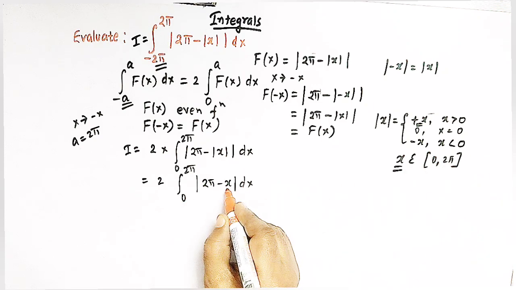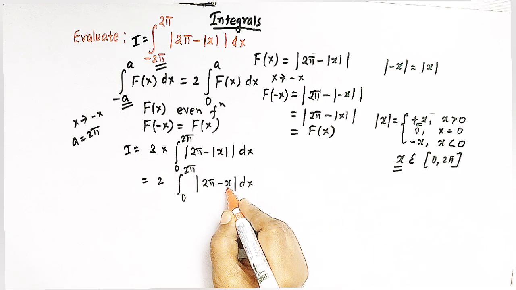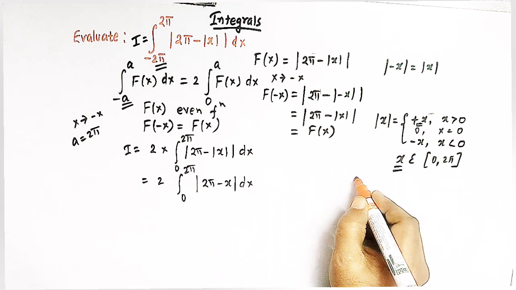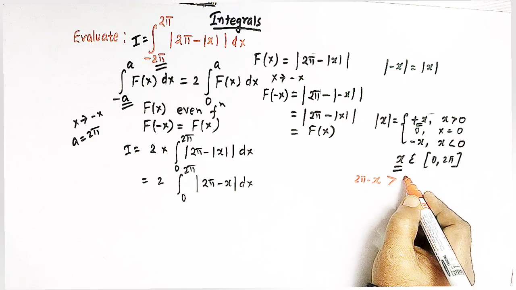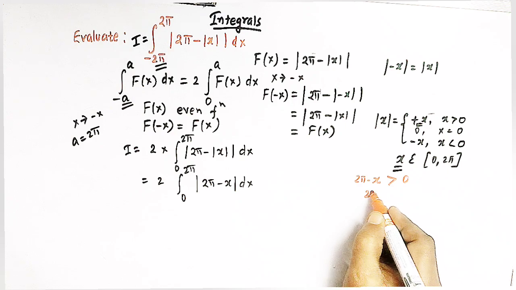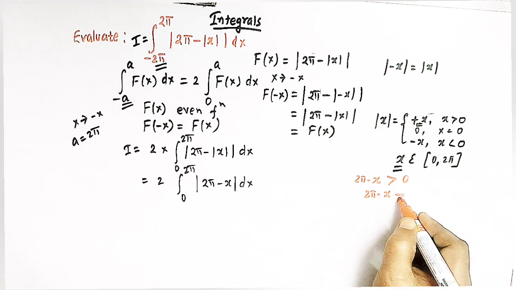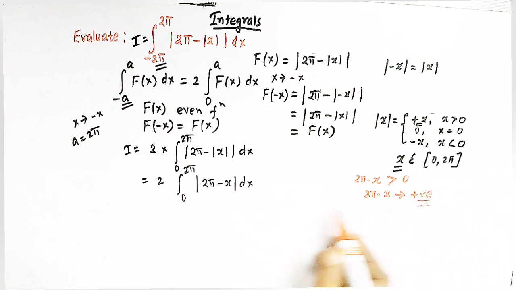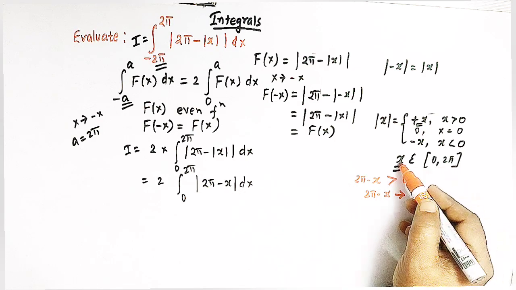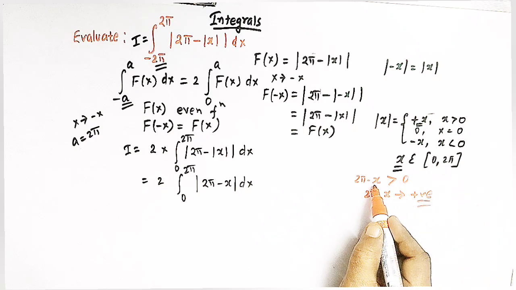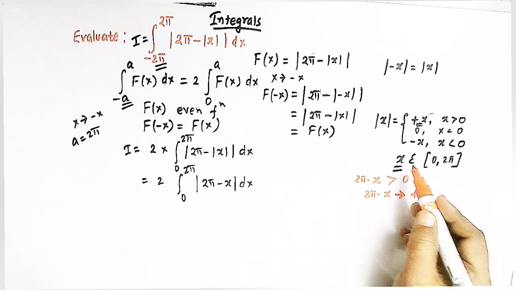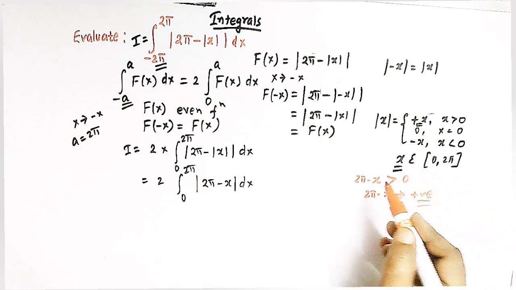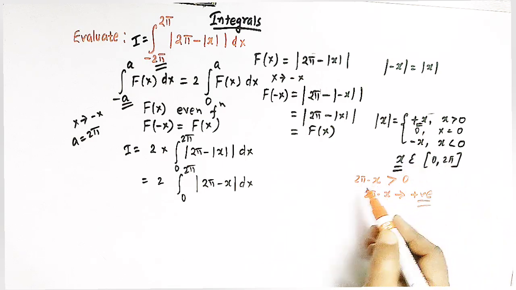Whenever we take any value of x which belongs to this interval, 2 pi minus x is always greater than 0, or in other words 2 pi minus x is a positive number for all values of x in this interval. When x is equal to 0, we have 2 pi which is obviously greater than 0, and when x is equal to 2 pi, then we have 2 pi minus 2 pi, that is 0.